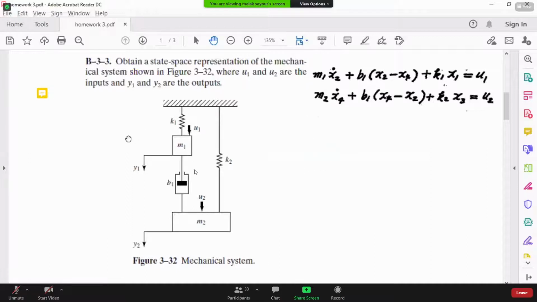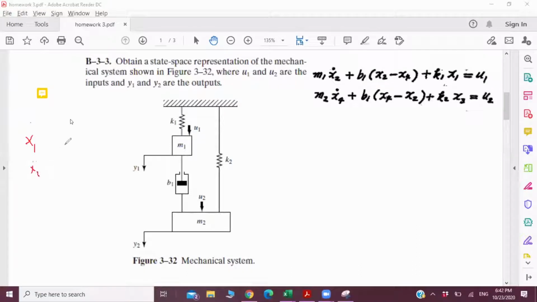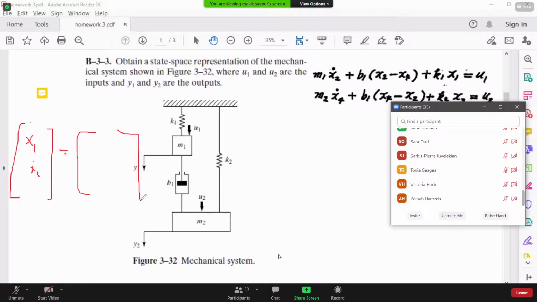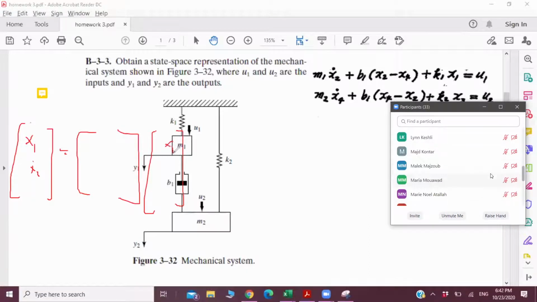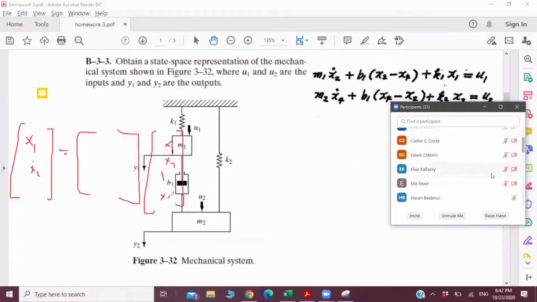Okay, so now if you recall the state space that I drew here, we had y1 dot, y2 dot equal to all the x dots, and then we had one matrix here, and then here we had x1, x2, x3, and x4.